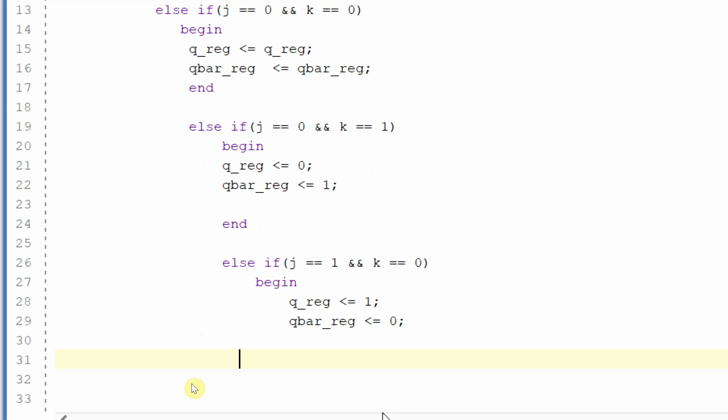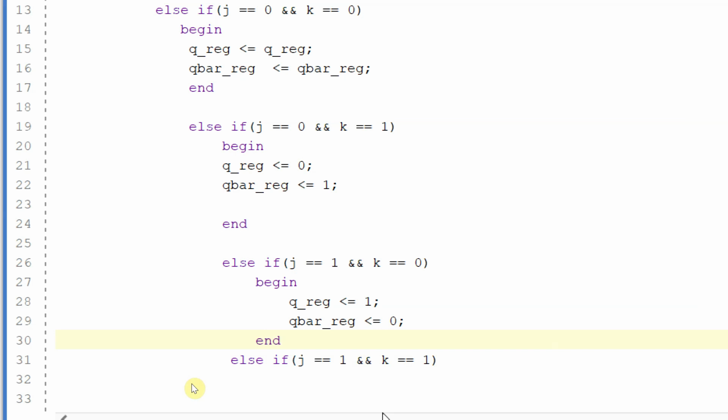And the last condition, else if j is equal to 1 and k is equal to 1, this is a toggle condition.